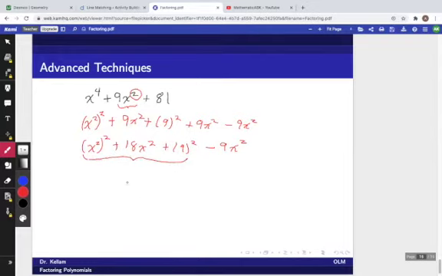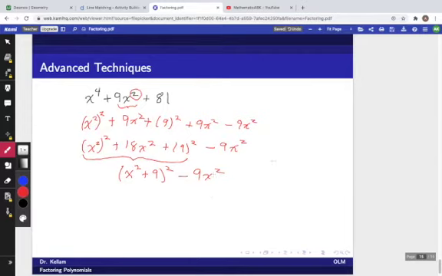This is a perfect square. Specifically, it's x squared plus 9 squared minus 9x squared.